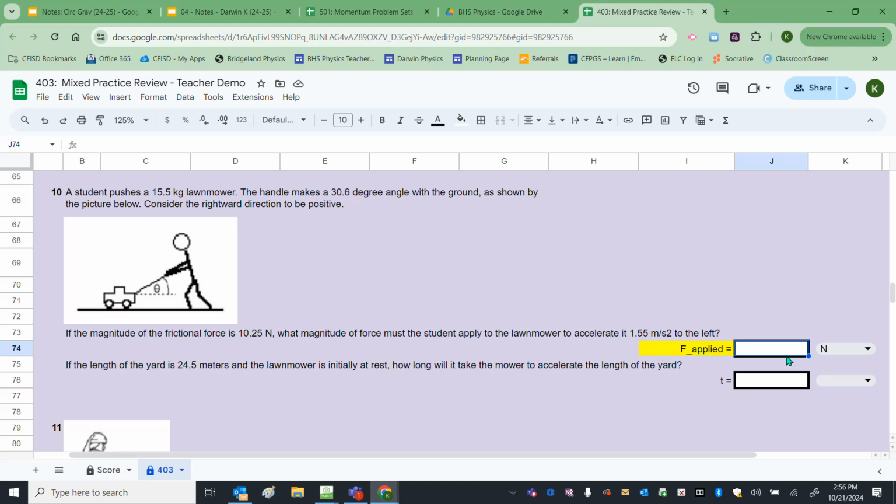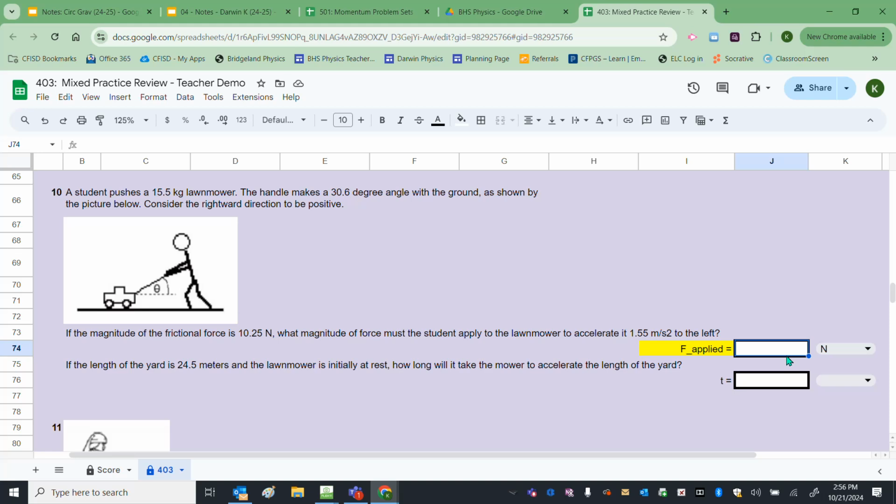The follow-up question says, if the length of the yard is 24.5 meters, and the lawnmower is initially at rest, how long will it take the lawnmower to accelerate the length of the yard? When they start giving you distances and times and ask for how long it will take or ask for a velocity, then you know you're going to be looking at those kinematic equations.